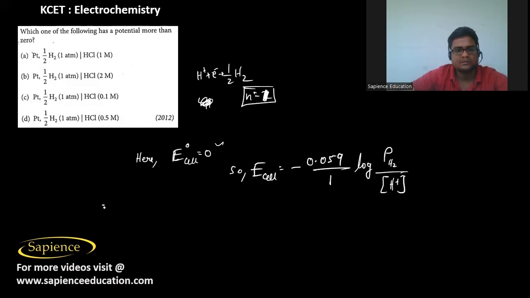So therefore for option A, E cell will be equal to 0 only, since pH2 is also 1 atmosphere and H plus concentration is also 1 molar. So log of 1 is 0. So it is 0 volts.